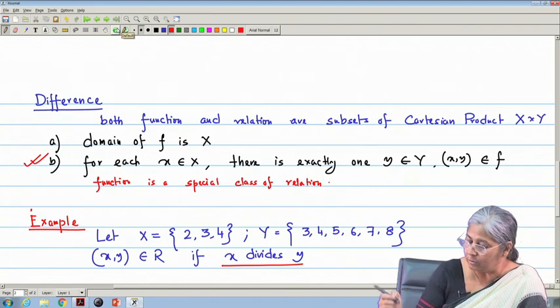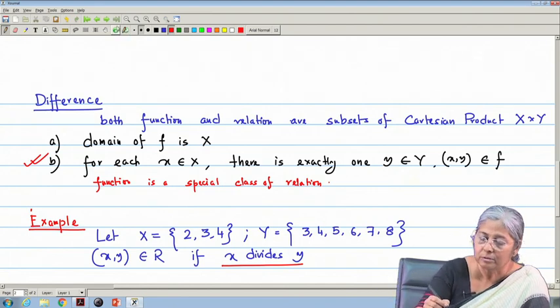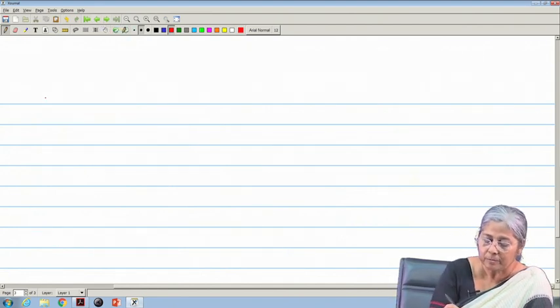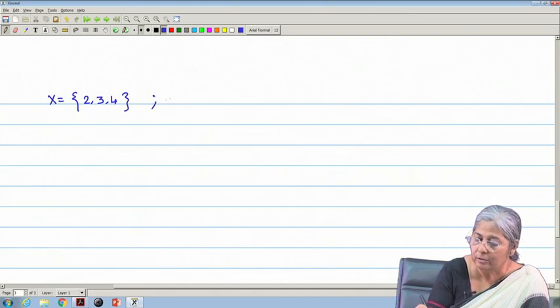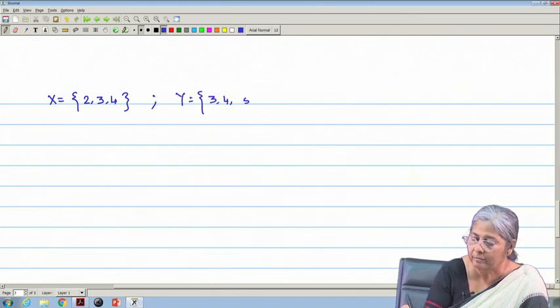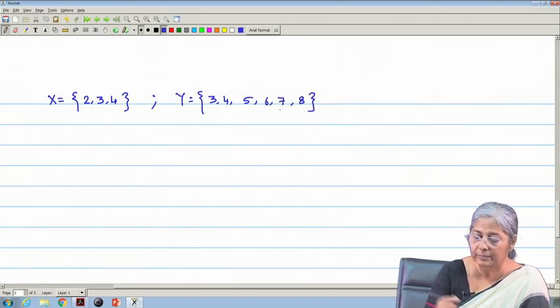So, we see which pairs these are. Our X is 2, 3, 4 and Y is 3, 4, 5, 6, 7, 8.